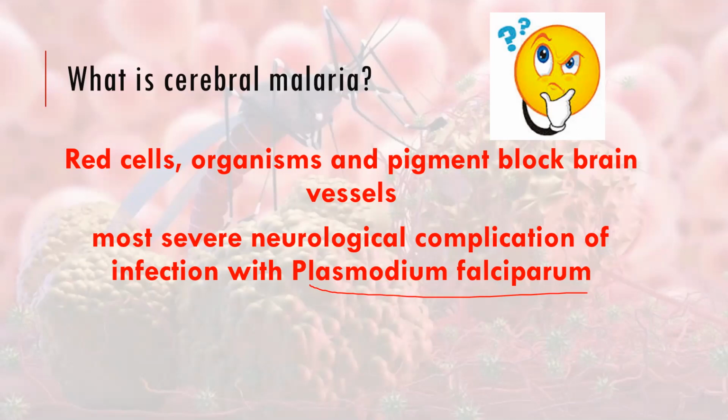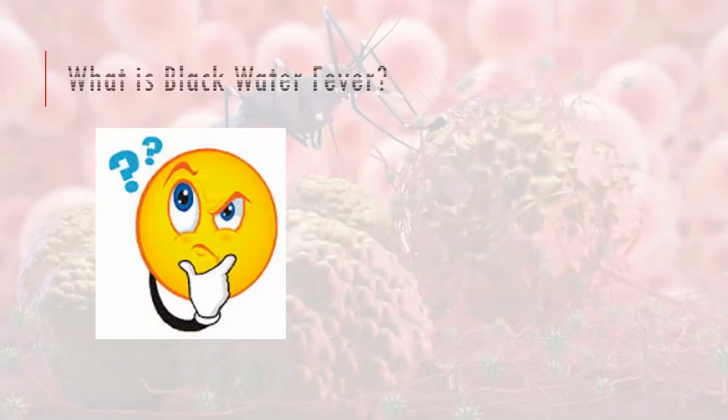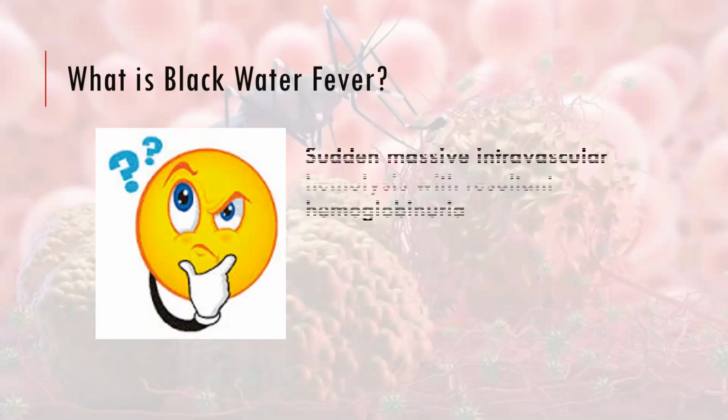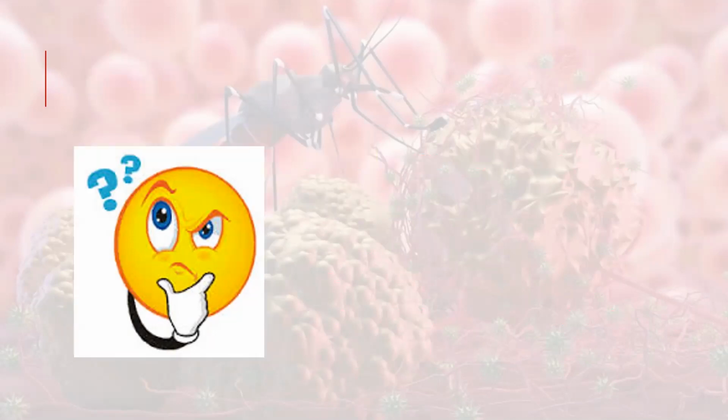A patient with cerebral malaria is characterized by a coma and asexual form of parasite on the peripheral blood smear. Now, how about black water fever? Again, black water fever is a sudden, massive intravascular hemolysis, which will result in hemoglobinuria. Okay, that's why mayroong involvement of nephrotic syndrome.